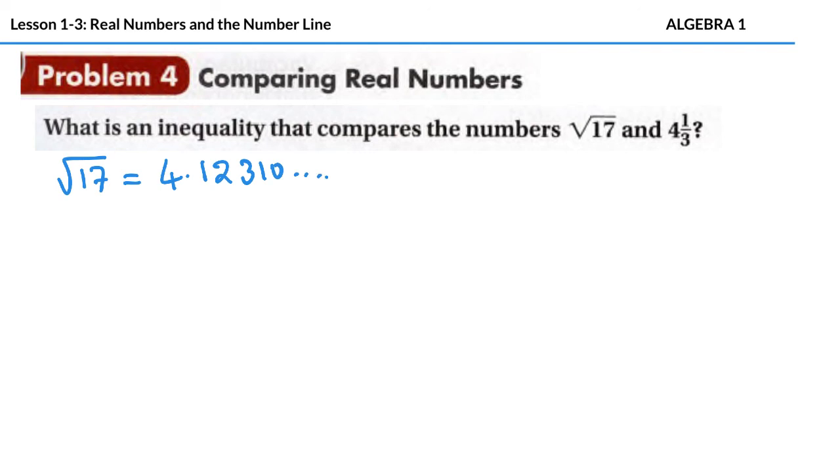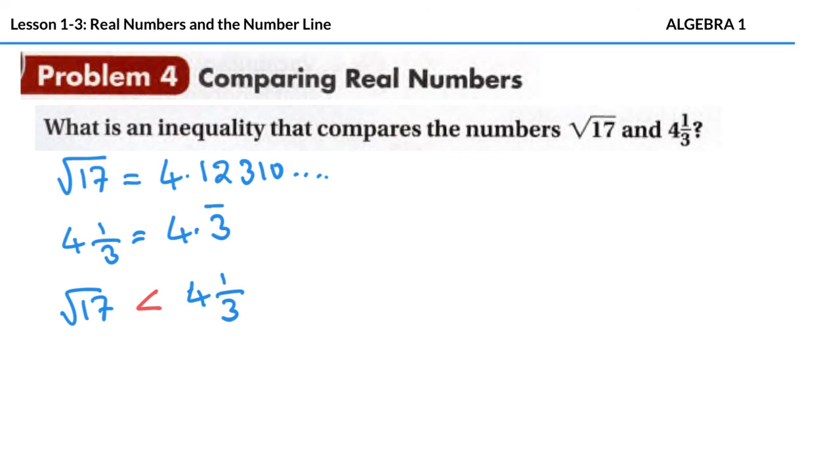What is the decimal equivalent of 4 1/3? That is 4.3333, and it repeats. Since 3 repeats, we can mark it this way. So now it becomes very clear that square root 17 is less than 4 1/3. So you get how we compare two quantities for inequality.